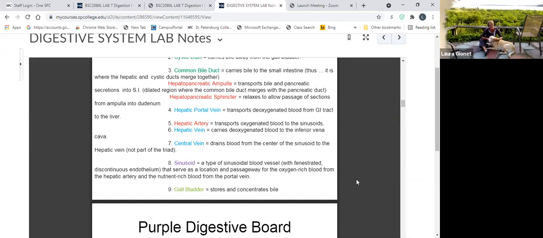Remember, the hepatic vein is draining the liver after all the blood from the hepatic artery and the hepatic portal vein has circulated through the liver. And now all that blood is going to be transported through those sinusoids to the central vein of each lobule. And those central veins all merge to form the hepatic vein that then transports blood from the liver to the inferior vena cava.